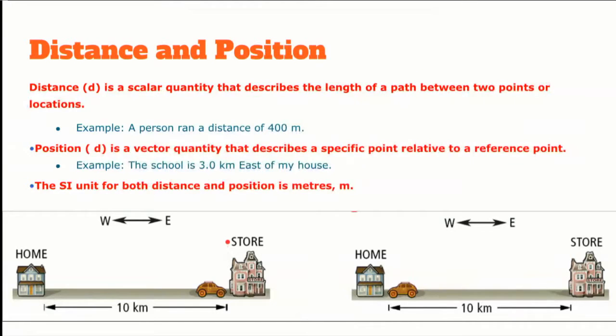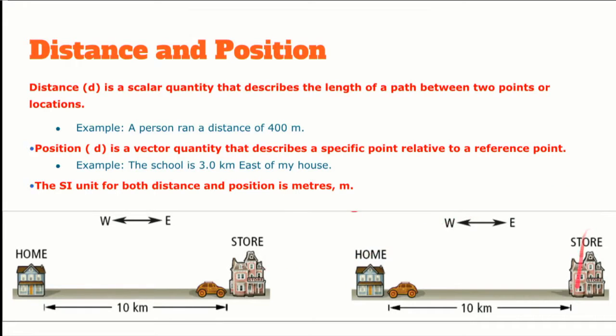Are my distance and position the same thing, or are they different? Distance first, 10 kilometers. That makes sense. I've gone from here to here. That's 10 kilometers. And if I were to talk about a position, Abby, I think that's what you're referring to, it's 10 kilometers east. Now, we could be even more specific. 10 kilometers east is fine, but you could say 10 kilometers east of my house.